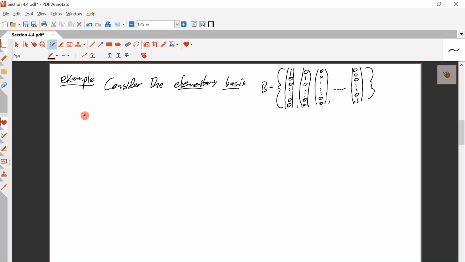Consider the elementary basis for vector space Rn. Now for any v in Rn, the coordinates of v with respect to the elementary basis is just v itself.